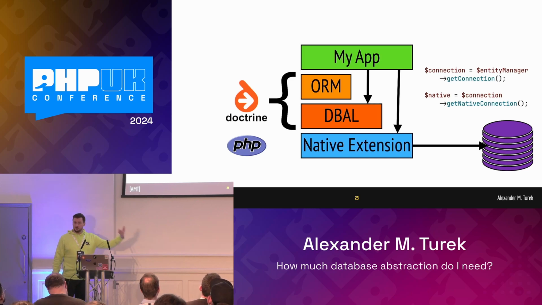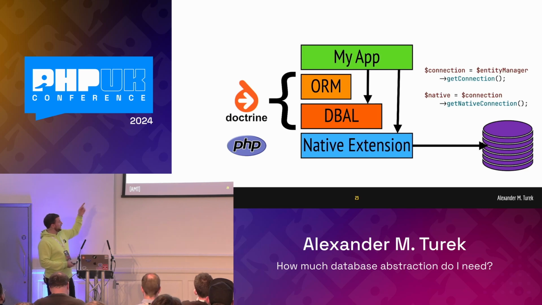And again, we encourage you to do that because there is a getNativeConnection on the DBAL connection that gives you the MySQLi object, the SQL Server resource, or even the PDO object if you want to use PDO. So it's all there. Just use the level of abstraction that you find helpful for your particular use case.